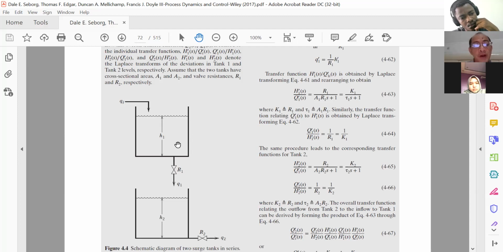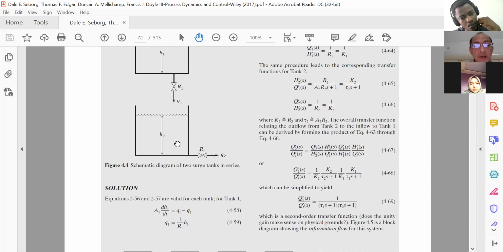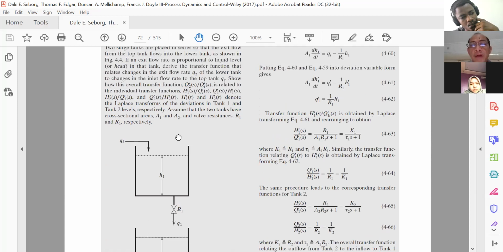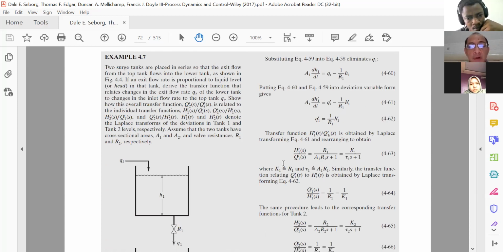Where we have found the answer to be h1 prime over qi prime is equal to R1 over A1 R1 s plus 1, which is K1 over tau 1 s plus 1. Okay, can you see that?